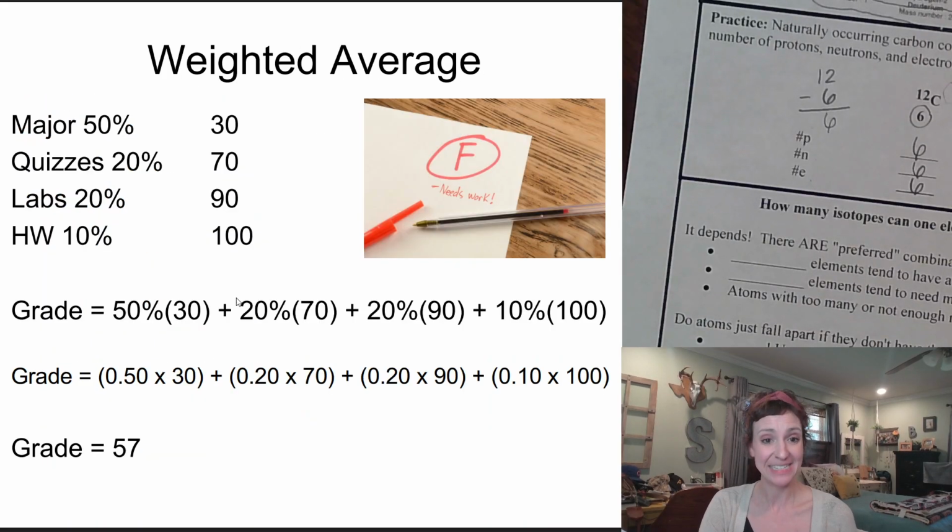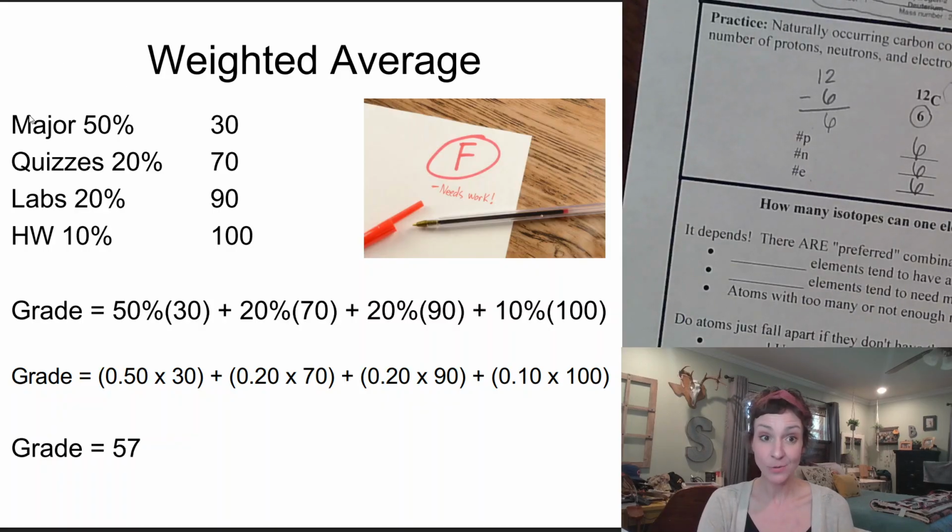So what that means is, let's say you have a 100 in the homework category, an average of a 90 in the lab category, and an average of a 70 in the quiz category. Looking really good. Oh, we're a good student. But whoa, your major grades are a 30.